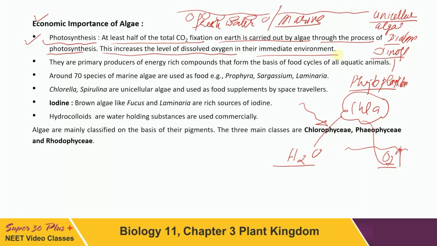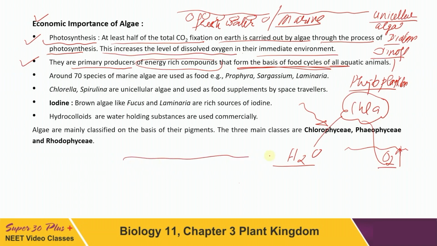Because they are doing photosynthesis, they have to make food for themselves and for the other organisms which are found in water or somewhere else. So these are primary producers of energy-rich compounds in photosynthesis, right? And that will make the basis of a food cycle.